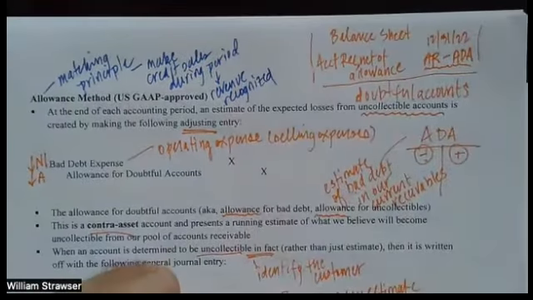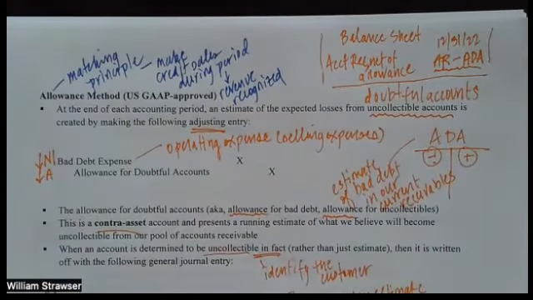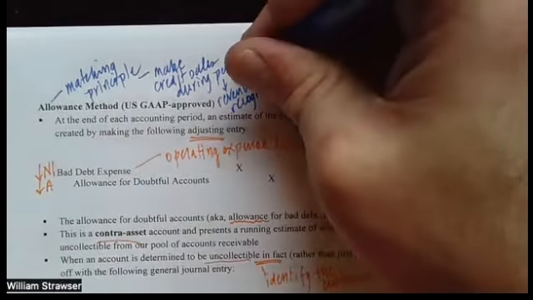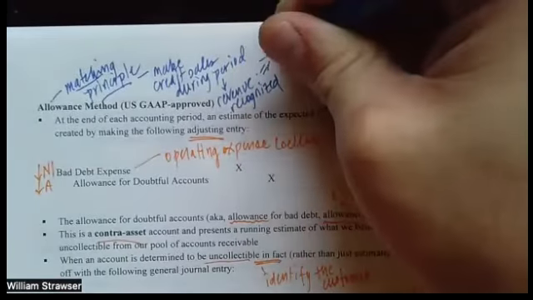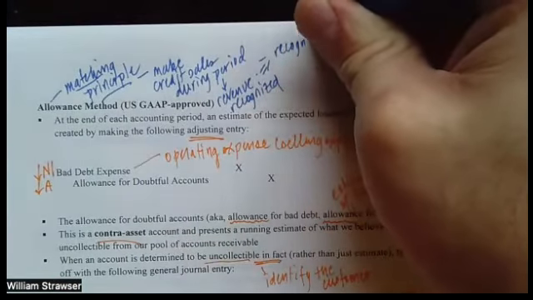And even though I don't know, perhaps at that moment, which of the sales I made are going to go bad, I still know that some are going to go bad. And so what that implies by the matching principle is that I need to recognize bad debt expense in that period.